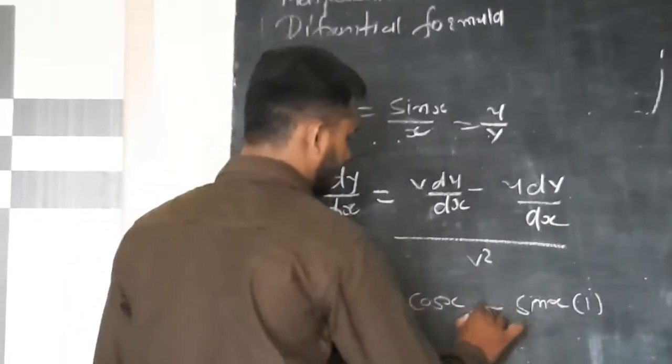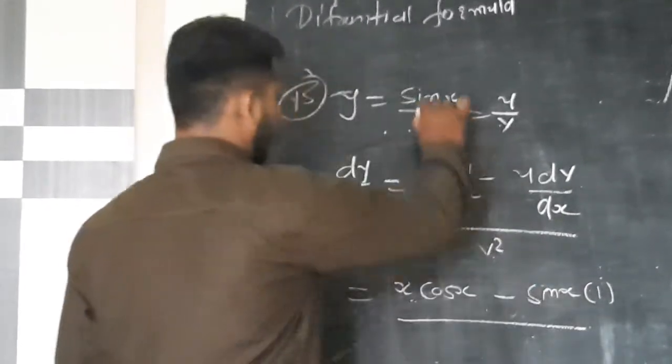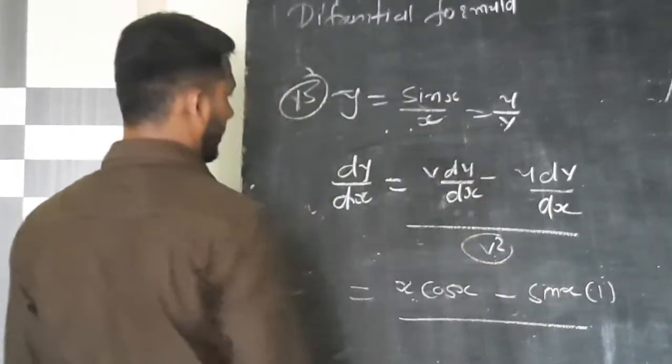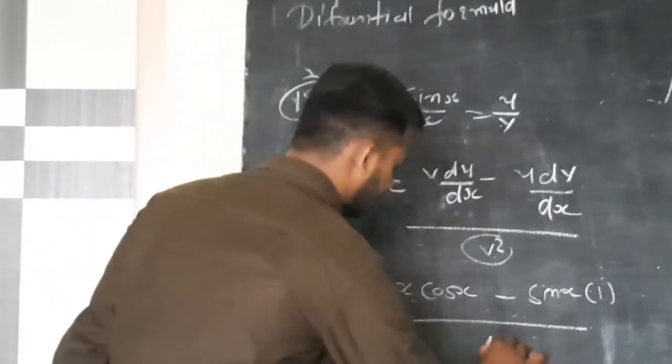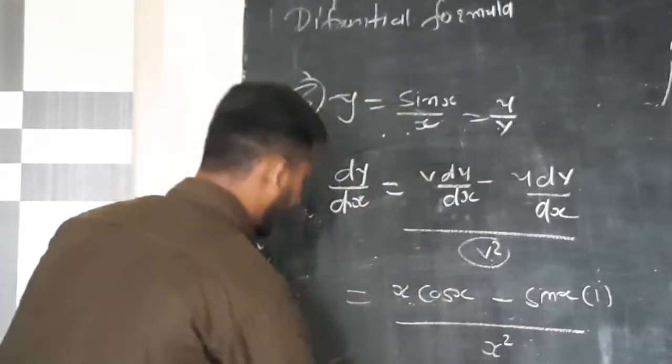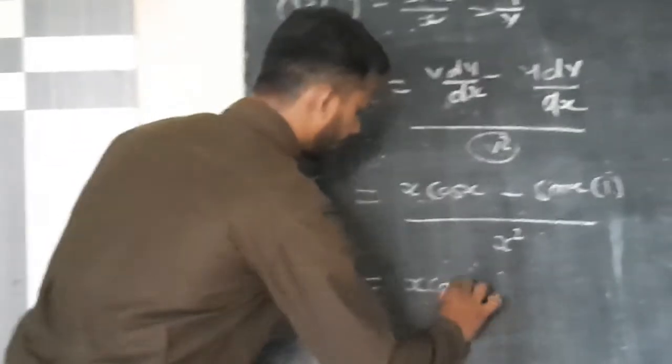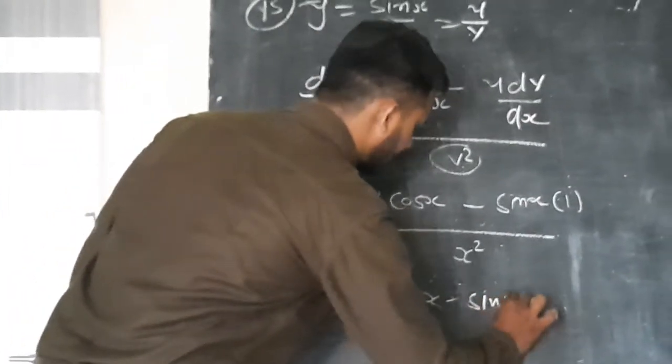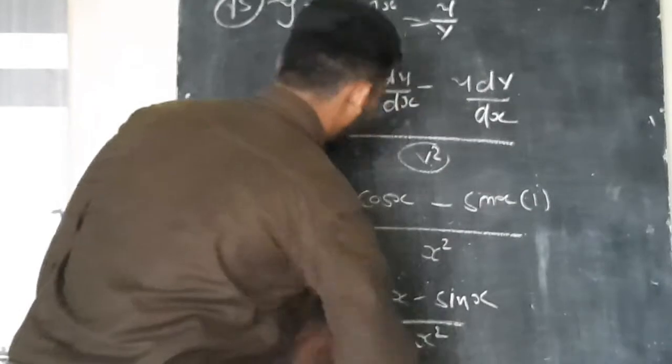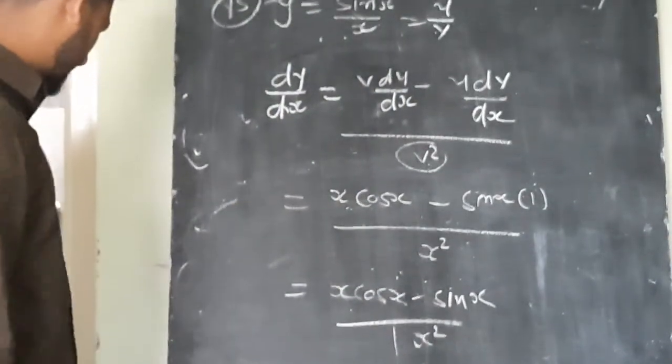So we get x cos x minus sin x, divided by v square. Since v is equal to x, that is x square. So the value is x cos x minus sin x divided by x square. So this is our formula number 15.